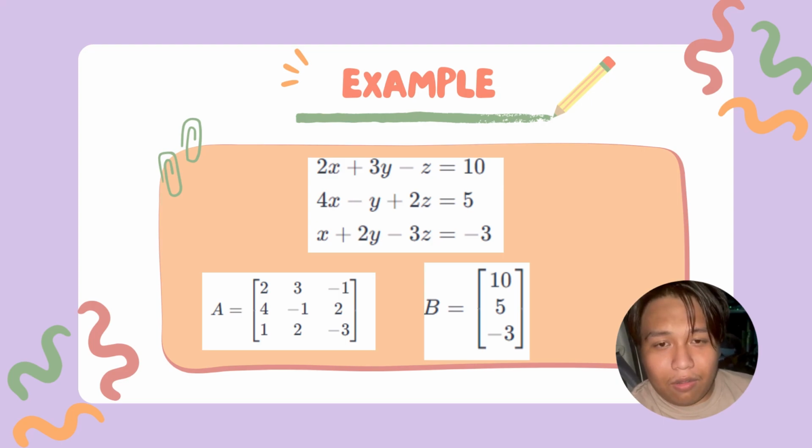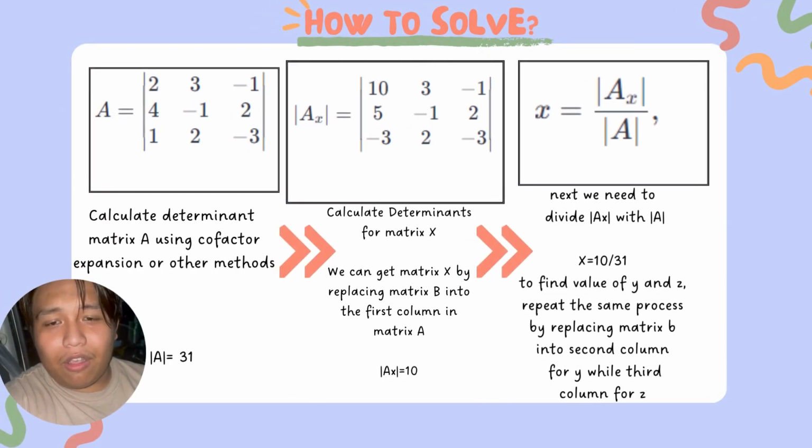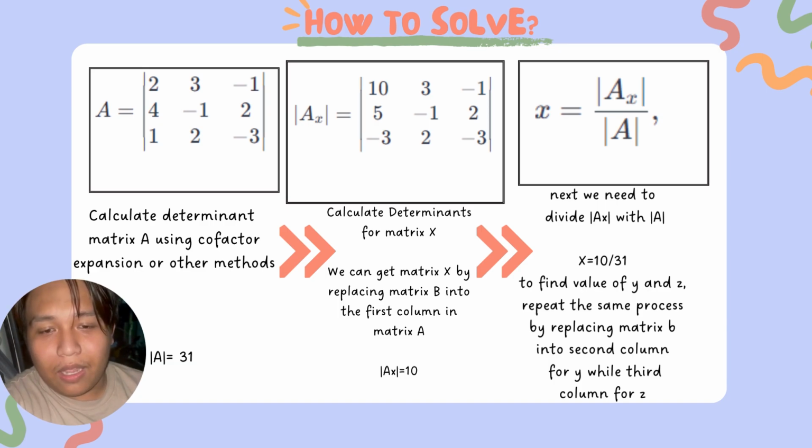After we find the coefficient matrix, now we need to find the determinant of matrix A. How do we find the determinant? We can use any method such as cofactor expansion and others. When we find the determinant for this question, we get 31. After that, we have to find the matrix AX.